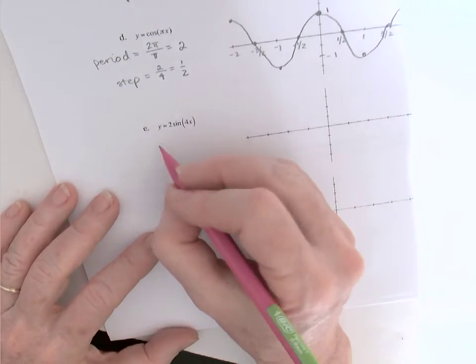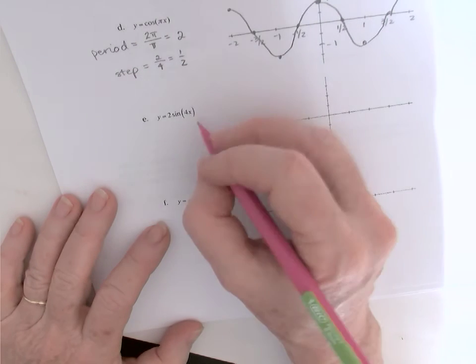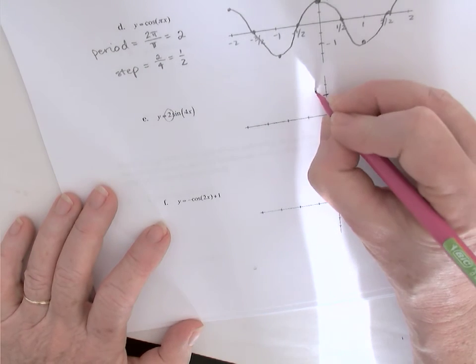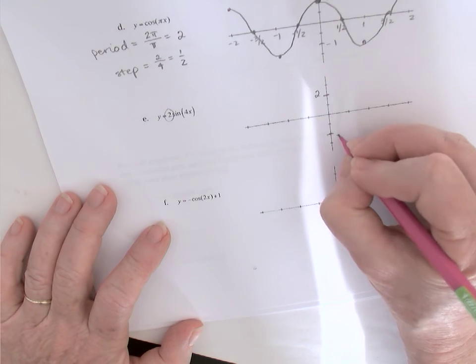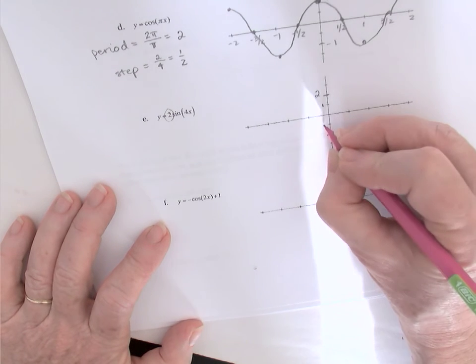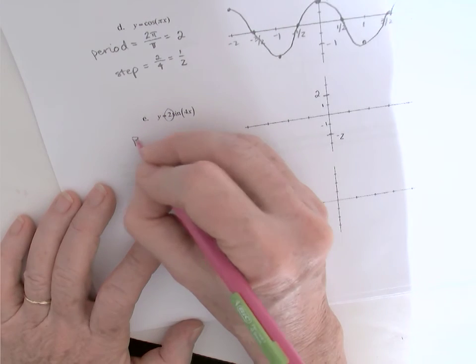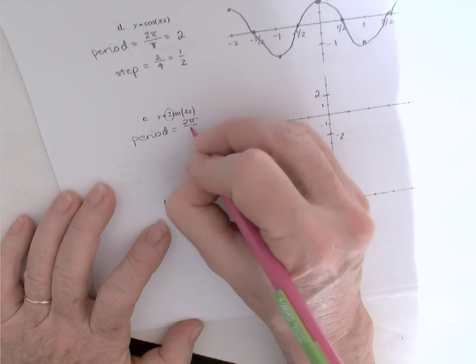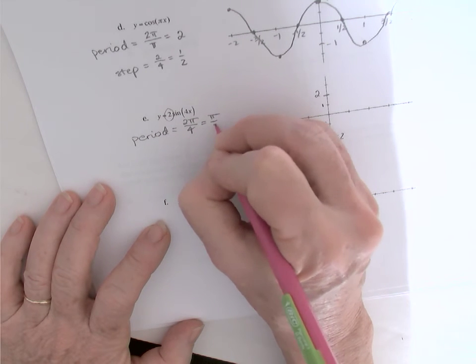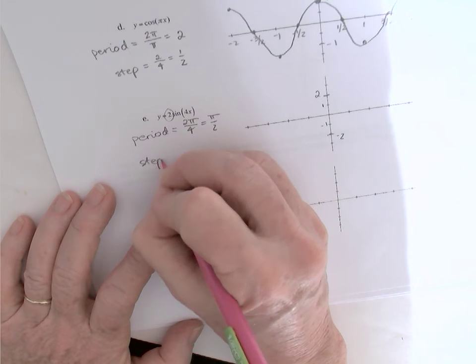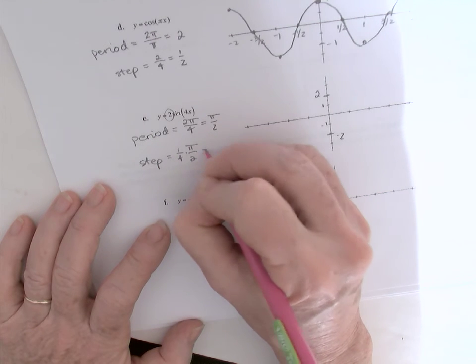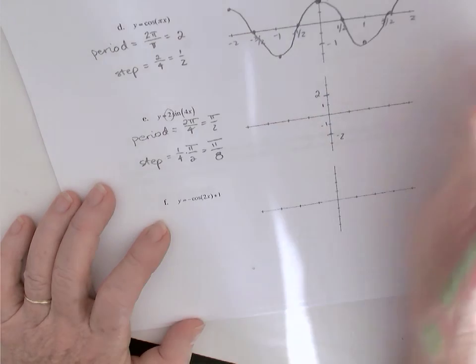Oh my goodness, now for E, we're changing it up a little bit. We have a change in amplitude, so I know we're going to go all the way up to 2 and down to negative 2. So I'm going to label this a little bit differently. The period is 2 pi over 4, which is pi over 2. So each step is going to be 1/4 of that, and 1/4 of pi over 2 is pi over 8.